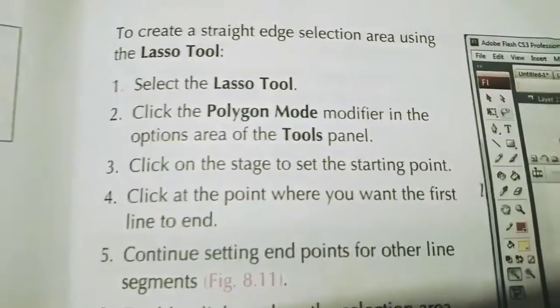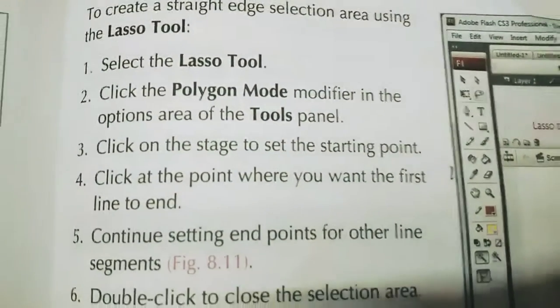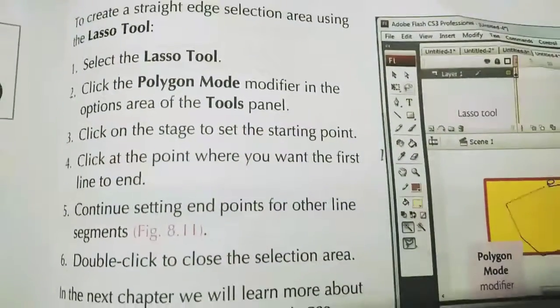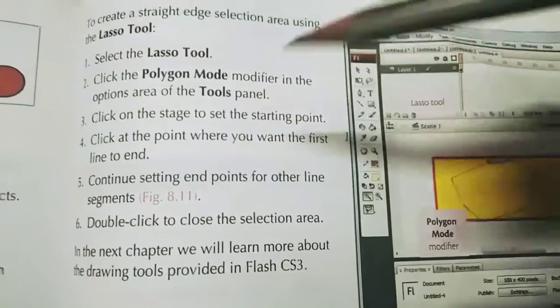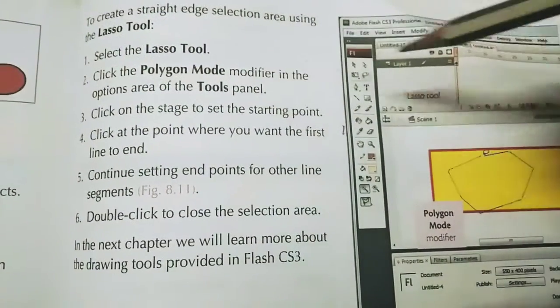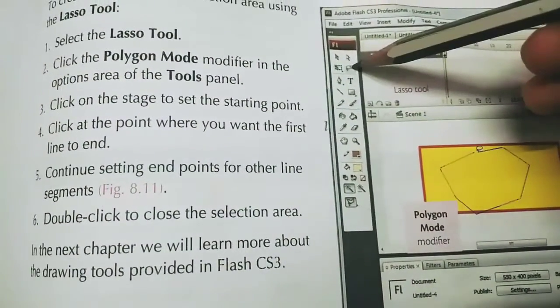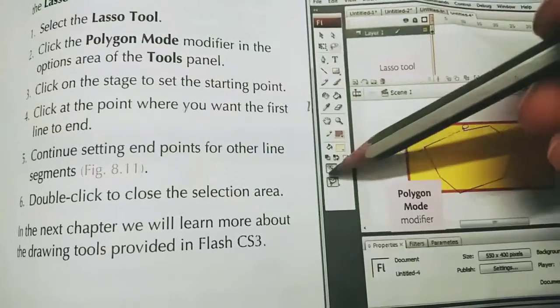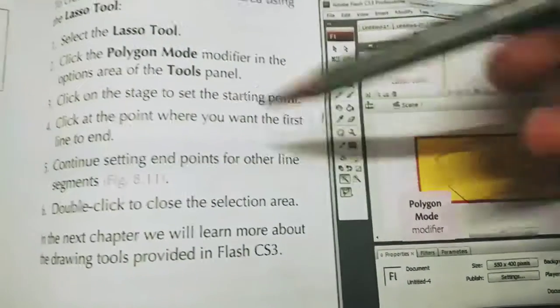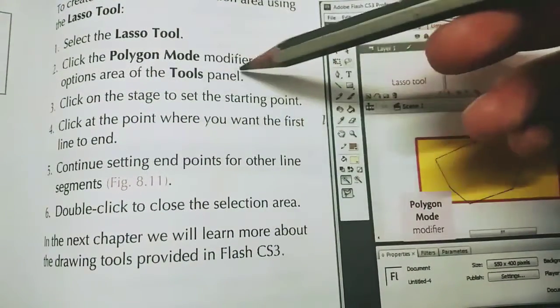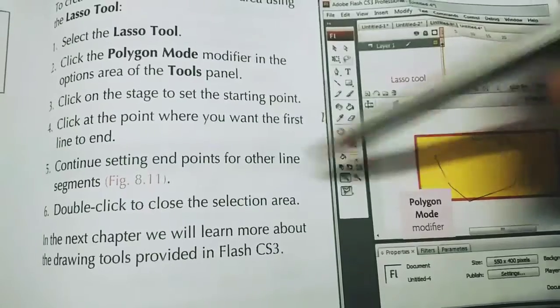Then to create a straight edge selection area using the lasso tool, how can you do it? Select the lasso tool and click the polygon mode. This is the polygon mode, a modifier in the option area of the tools panel.